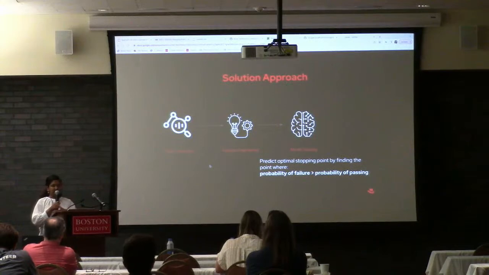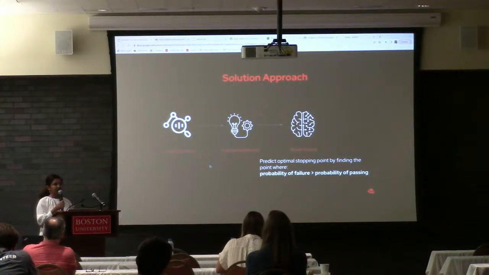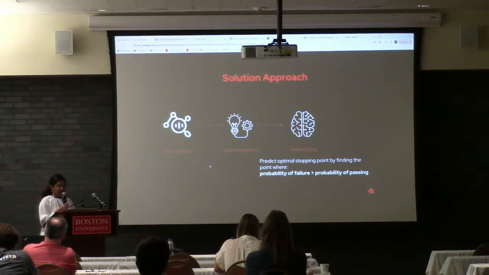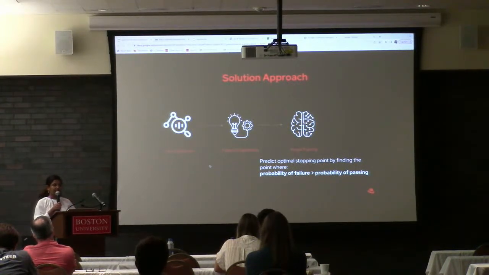The area under the curve of these density plots usually gives you the probability values of these various tests across the durations that they have been running. So we try to compare both the passing and failing, since we want to predict that this test is likely to fail, and hence you need to stop your test runtime. Hence we find that intersection point.